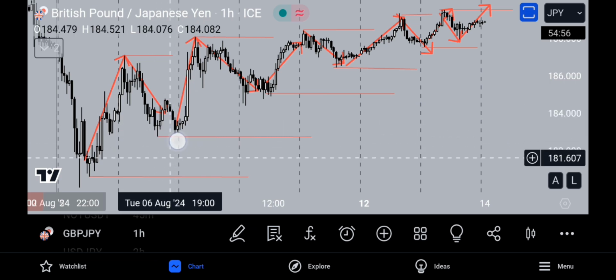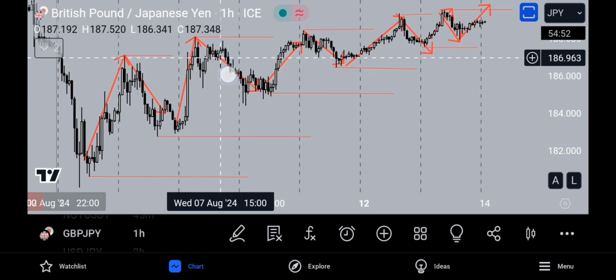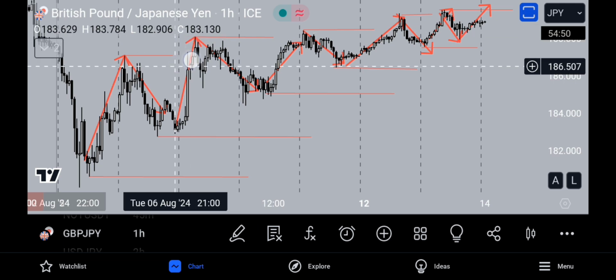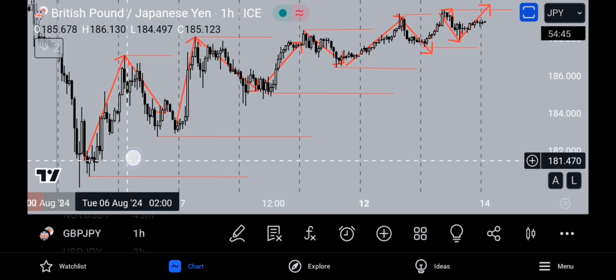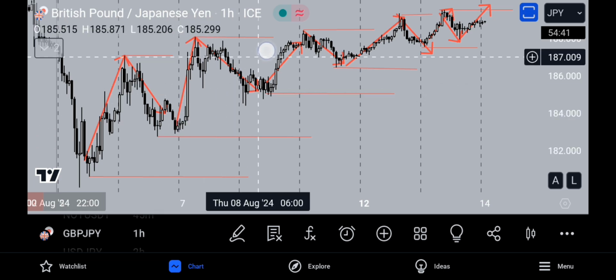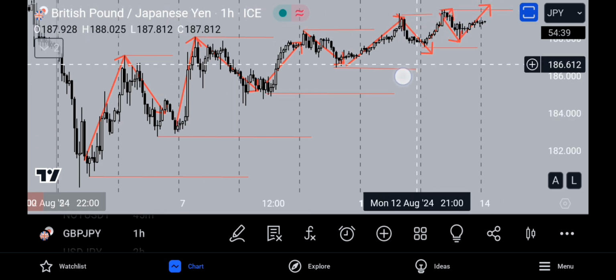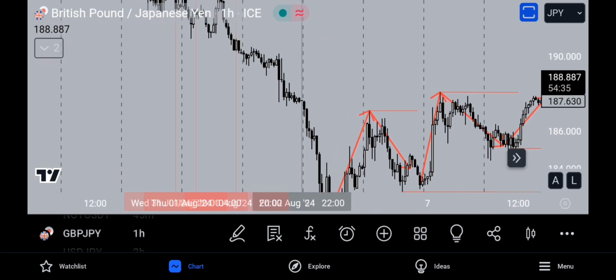Buy swing lows, targeting what? Swing highs. You are looking to buy what? Swing lows, targeting swing highs. That is the structure of a bullish market. And you can see how the market keeps moving higher and higher, going up and away.